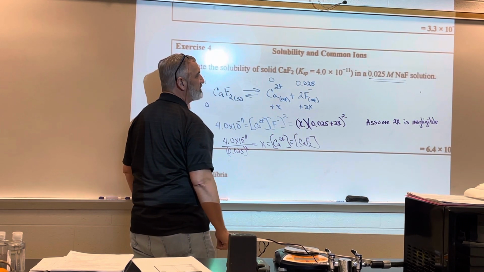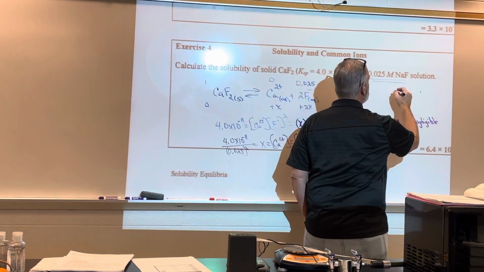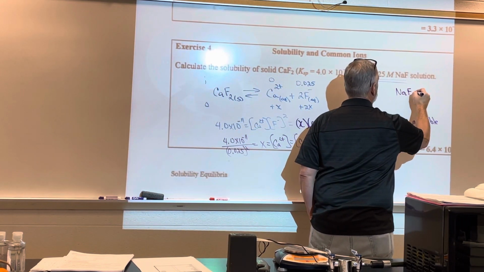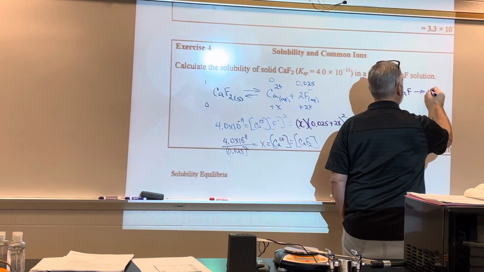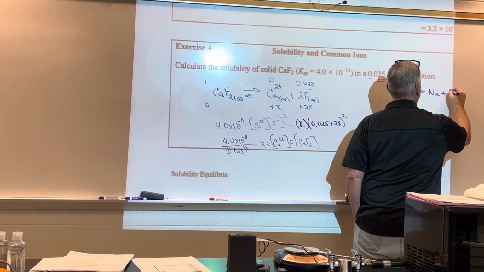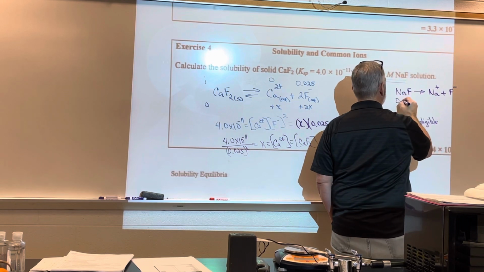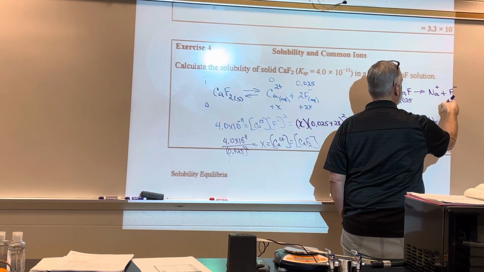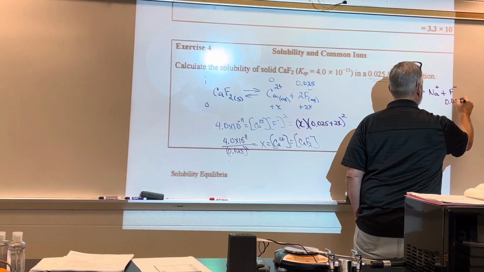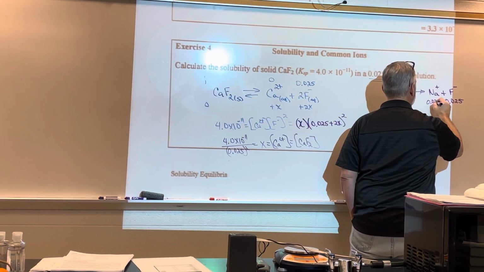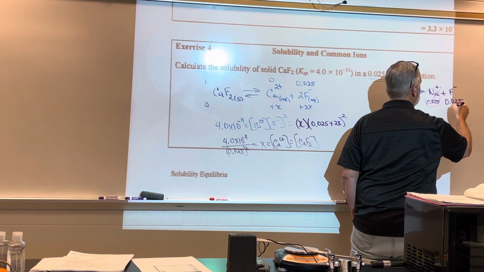Okay, all right, what's this going to break up into? And how many F's? Just one. So if I put in 0.025 of this, what's this going to be? 0.025. We don't care about this.